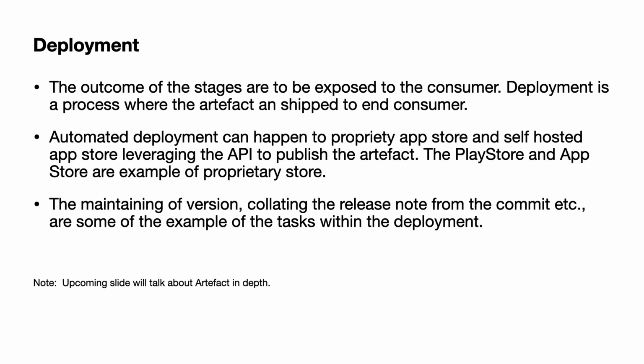Now, deployment is the layer where all these artifacts are put in a location which is accessible to the end consumer. The final application would ideally be downloaded from app stores.